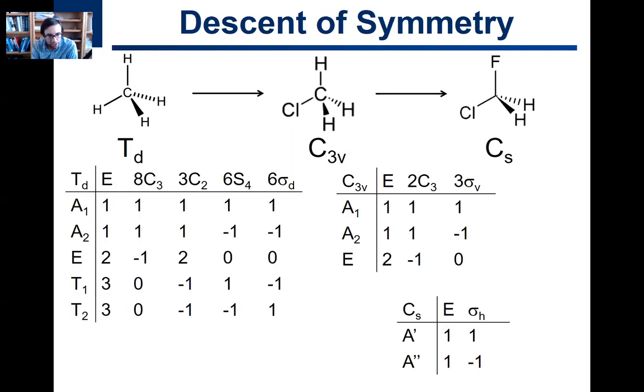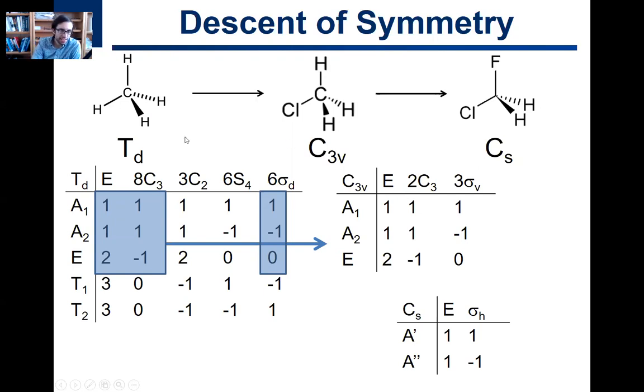So if you look at the character table for all these point groups, an interesting pattern emerges. We know that C3v is sort of a subset of Td, right? It's less symmetric, but the characters are this way. Check this out. In tetrahedral, you have the following symmetry classes: identity, C3s, C2s, S4s, and sigma Ds.